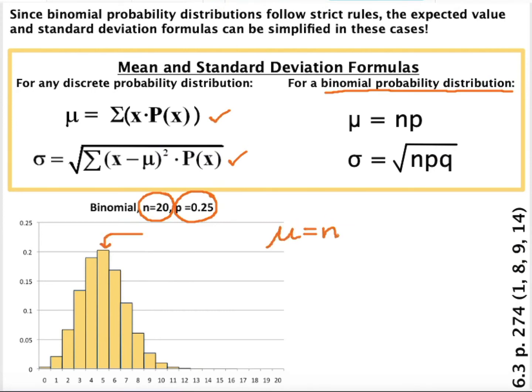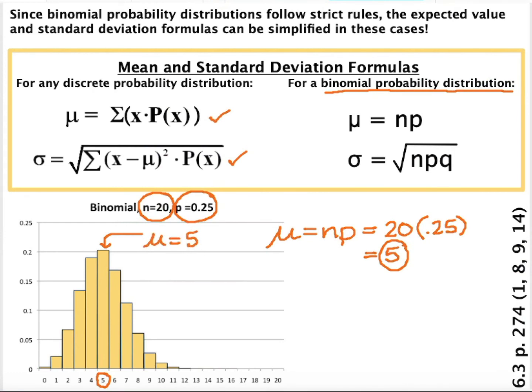All I have to do is take n times p. n is 20 and p is 0.25, and so that comes out at 5. If I'm guessing a quarter of them correctly and I answer 20 problems, I should expect to get 5 correct. And you'll see that that is the highest bar on my probability distribution. The expected value is 5.